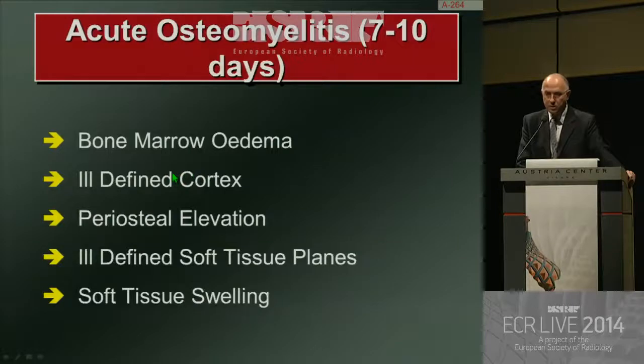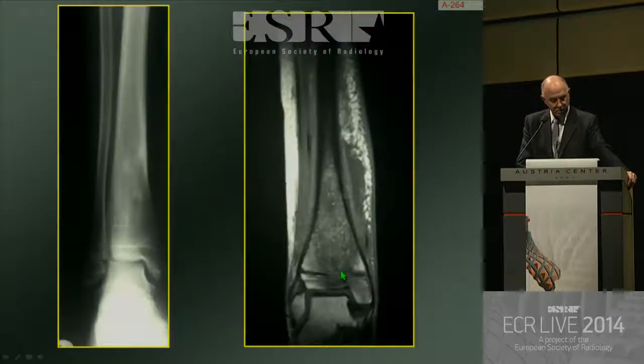The cortex will start to become ill-defined, and then once the pus goes between the cortex and the periosteum and it's elevated, the periosteum will form some new bone formation, and not surprisingly, because it's such an inflamed state of affairs, the neighboring soft tissues will also react by becoming edematous, and therefore you lose the definition of the soft tissue planes with generalized soft tissue swelling.